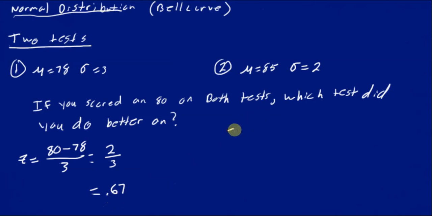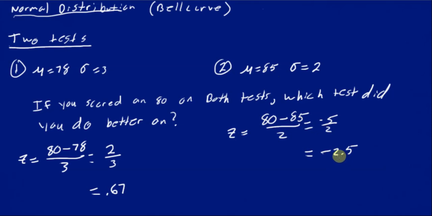The z-score over here is going to be calculated exactly the same way. The raw score was an 80 minus the mean of 85 divided by 2. Well, 80 minus 85 is negative 5 divided by 2, or that's a negative 2.5. So I am below the mean by 2.5 standard deviations.